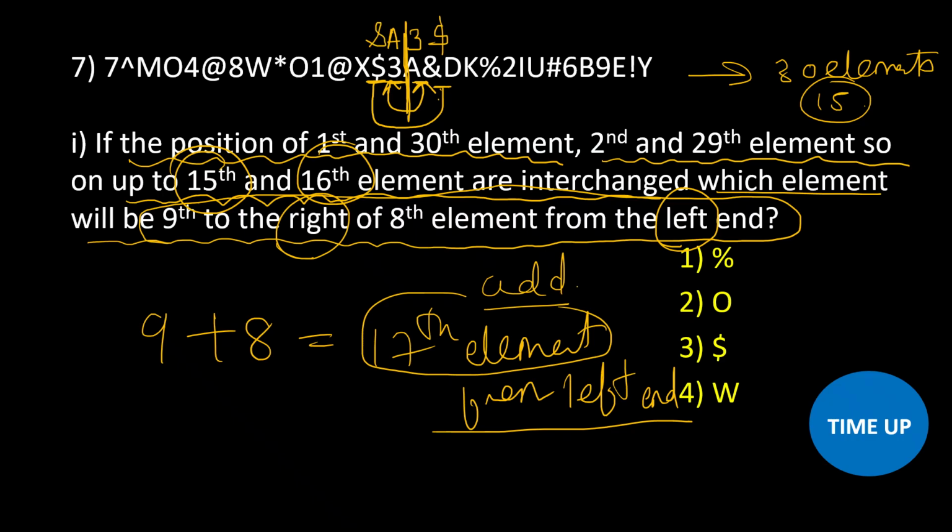So we want the 17th element from the left end. This is the left end. The 17th element from the left end after interchanging will be dollar. So dollar is your answer. Third one is your answer. I hope you got this, how to solve it faster.